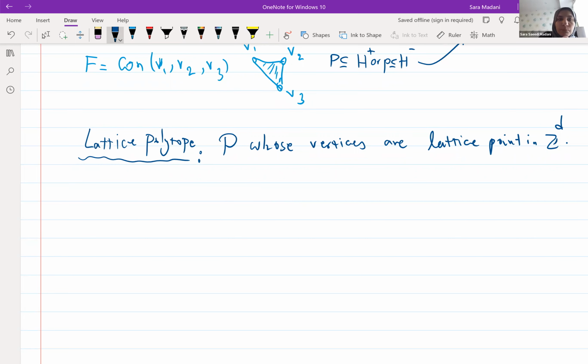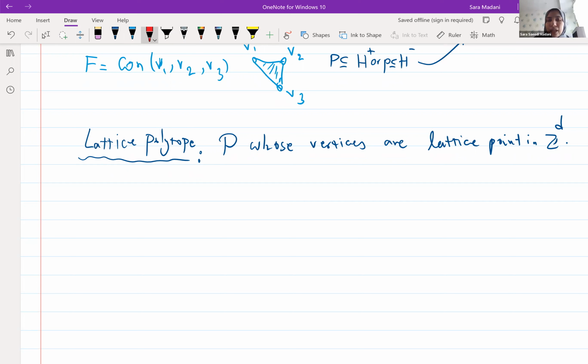If you remember from yesterday, circuits of a matroid were just minimal dependent sets, or minimal non-independent sets.